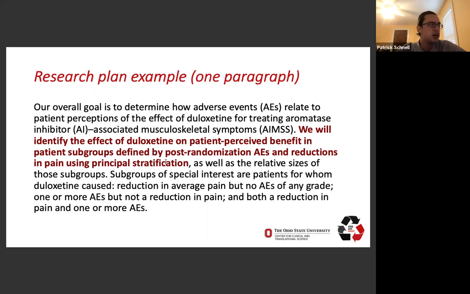Beyond that, a little bit more statistical detail, but the research plan does not have to include any sort of data analysis plan, like the models and methods we're going to use, or the sample size you need.